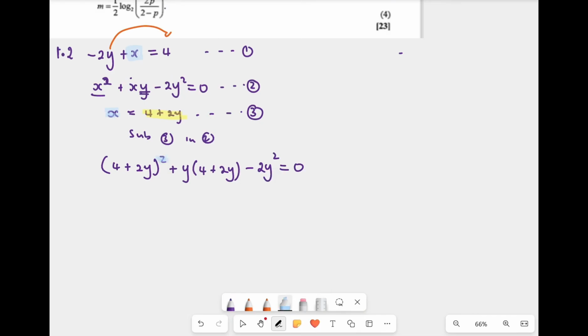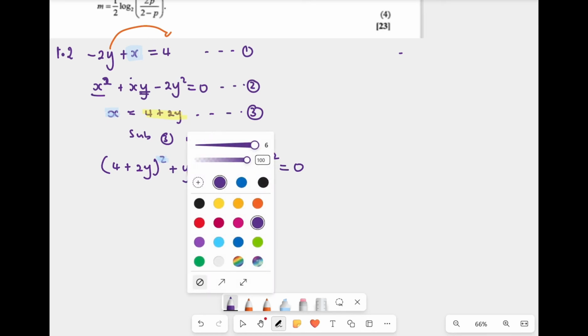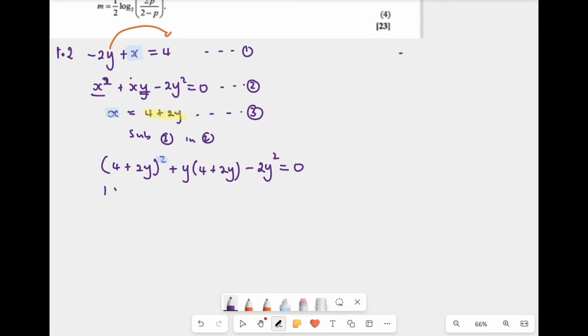So if I multiply this bracket out, I will have 4 multiplied by 4, which is the same as 16. And then I will have 4 multiplied by 2y, which is the same as 8y. And then I will also have 2y multiplied by 4, which is another 8y. 8y plus 8y will be 16y.